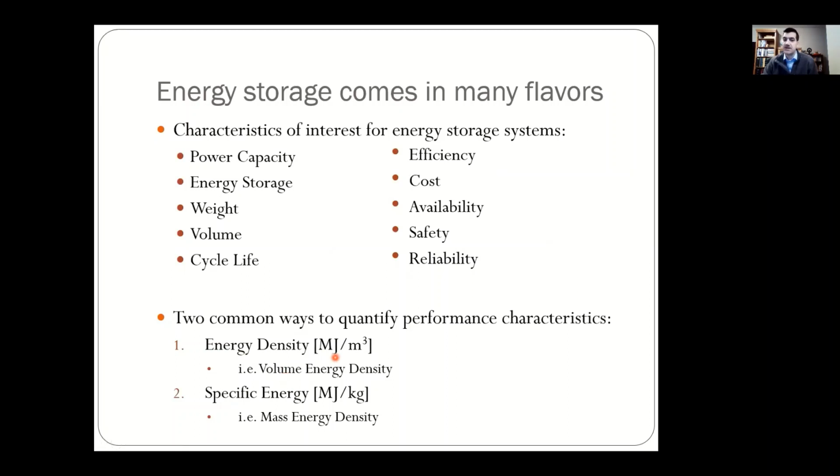So that's the amount of energy per unit of volume, per meter cubed often. And conversely, we have the specific energy, also known as the mass energy density. That's the amount of energy that you can store per unit mass of the system. So sometimes you care more about one than the other, and we talked briefly about that last time, a few cases where you might care more about one than the other.